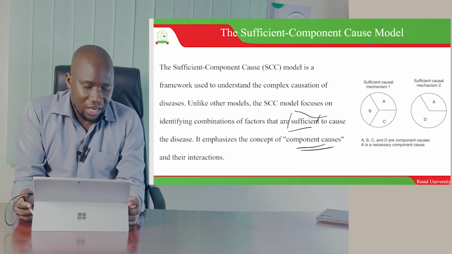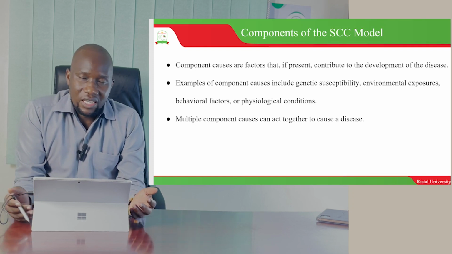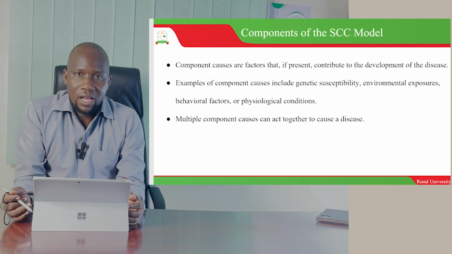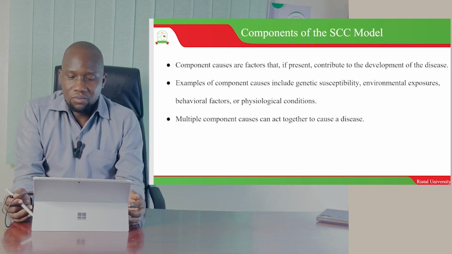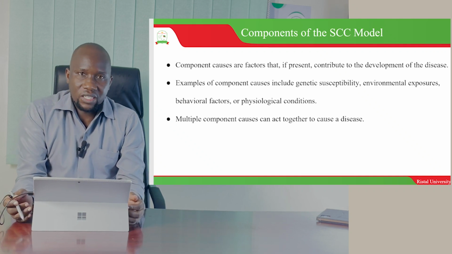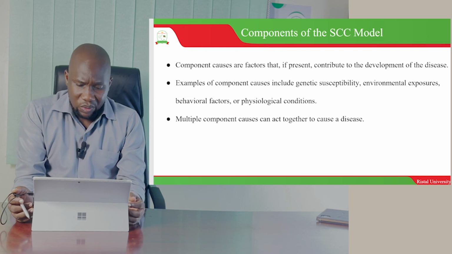That these are basically factors that should be present for the disease to happen. So, for example, for someone to get heart disease, you could have genetic predisposition, environmental exposures, lifestyle, and physiological parameters that we already talked about.